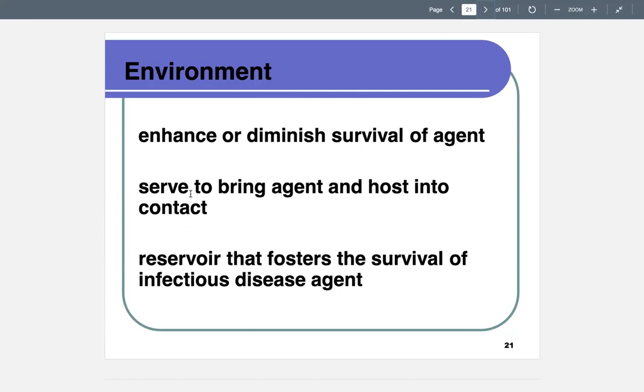In the environment, they serve to bring the agent, the pathogen, and the host into contact. A susceptible host may be exposed to the pathogens that exist in the environment. And the environment could serve as the reservoir that fosters the survival of the infectious agent or pathogens.